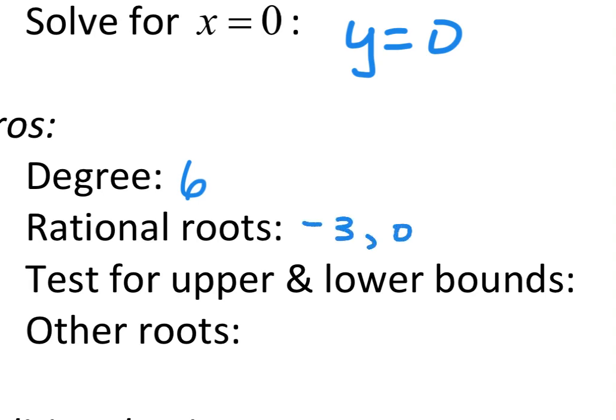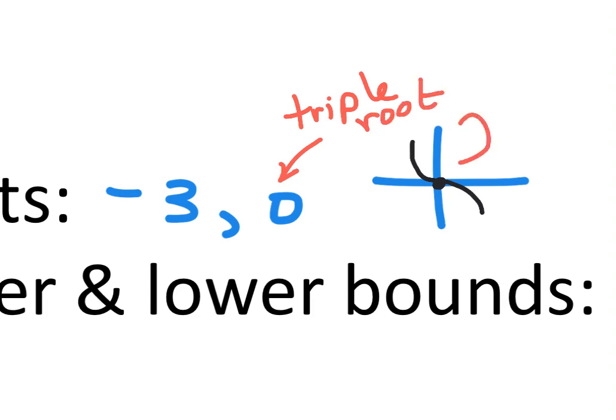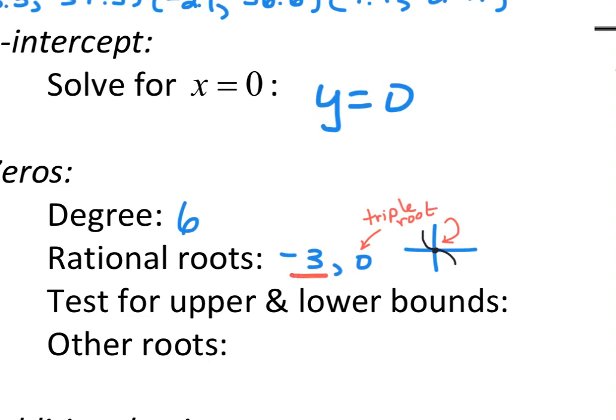But because the shape of the graph at 0 kind of goes like this, we're going to call that a triple root. So that counts 3 times because it looks like that. So I actually have 1, 2, 3, 4 roots already, and the other 2 roots have decimals.